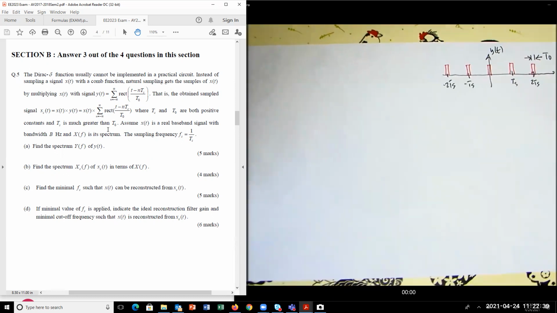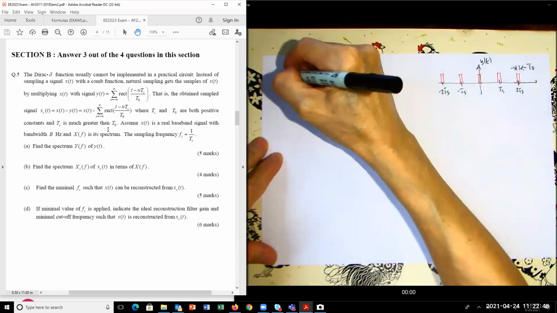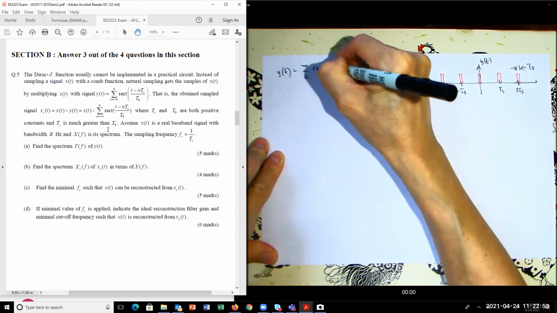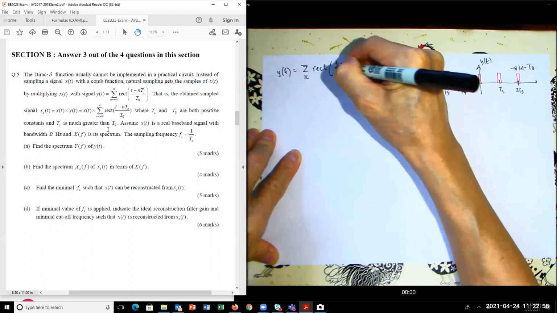This width here is t0. That's y(t), which is the summation over n of rect of (t minus nTs) over t0.